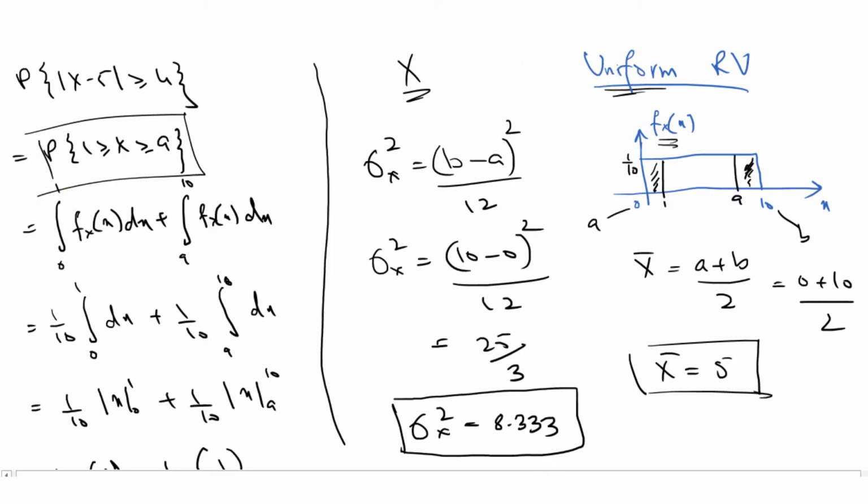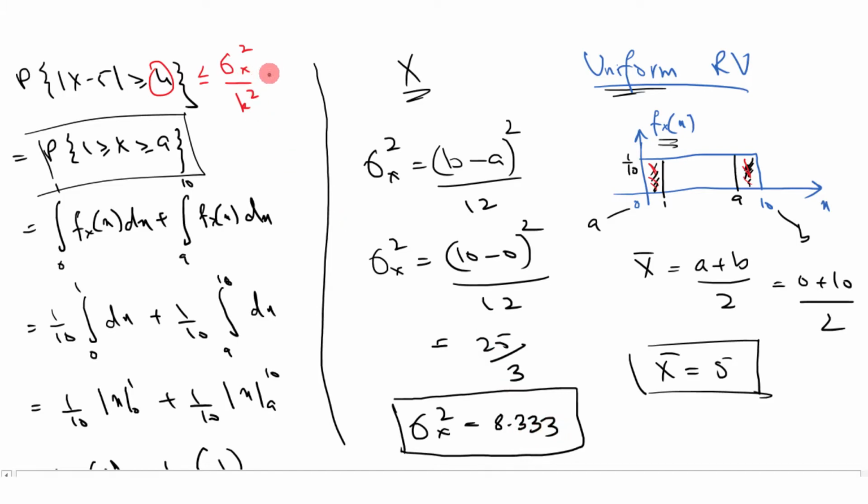Now let us try to find the same probability within this range using the Chebyshev inequality. Then what we will have is sigma x square over k square. Here k is equal to 4 and sigma x square we have determined is 8.333.